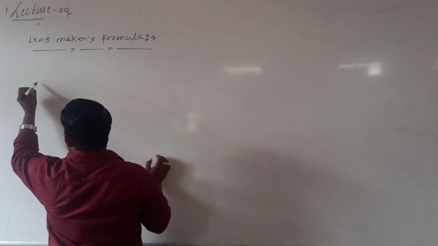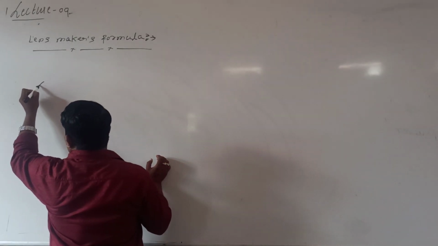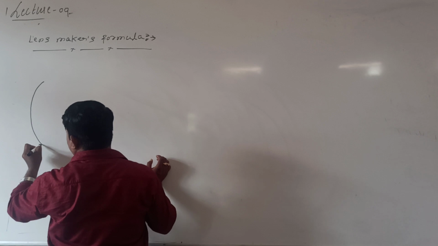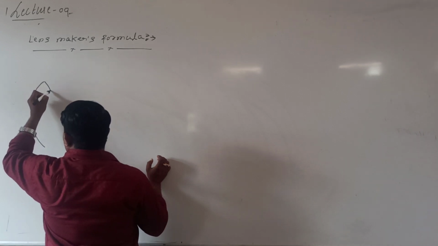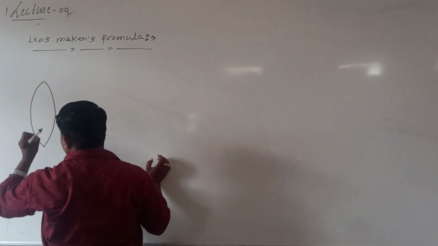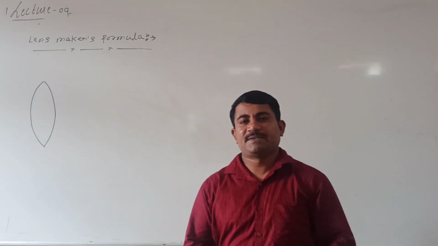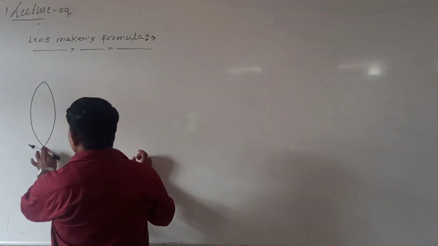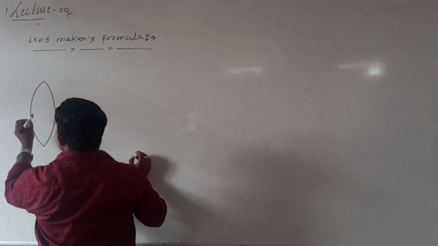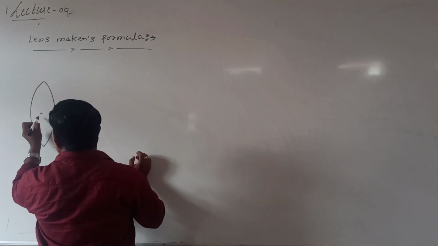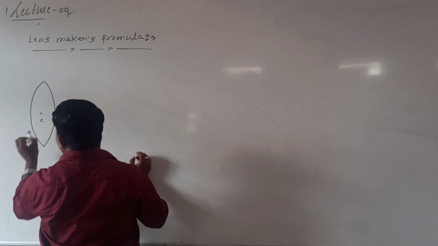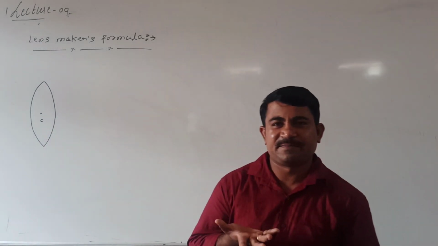Now initially, to understand this lens maker's formula, we will take a biconvex lens, or simply a convex lens, or thin convex lens. This is one convex lens. Here two surfaces are there. This is the optical center, which I can represent by C, or you can represent by O, no matter.